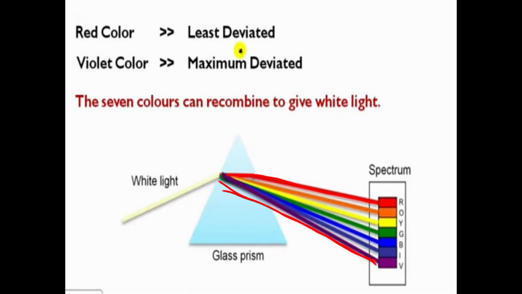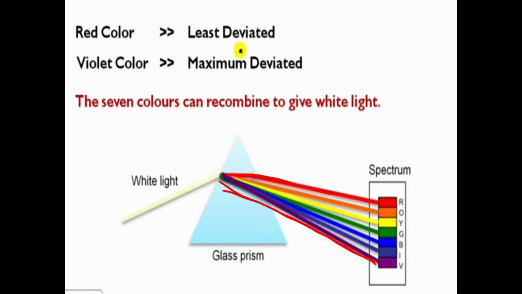So as we can see here, white light is dispersed into its 7 color components by a prism. But why do we get these colors? As we know, different colors of light bend through different angles, as I told you in the previous slide.